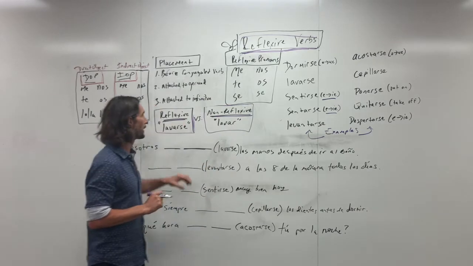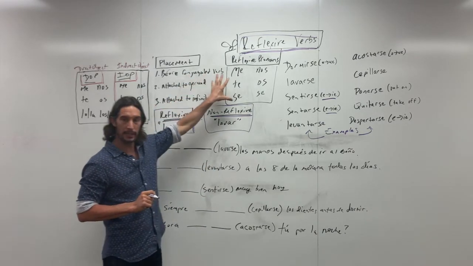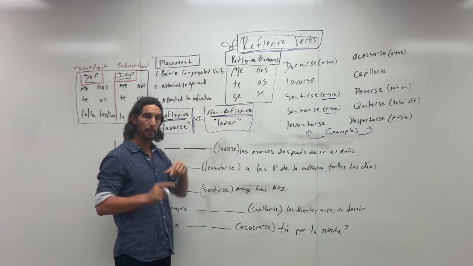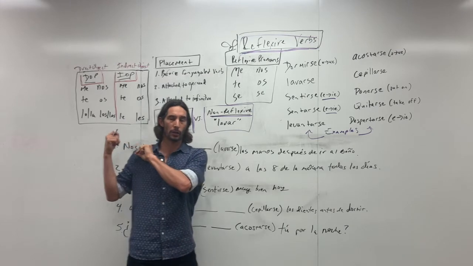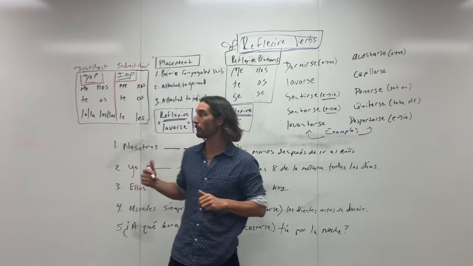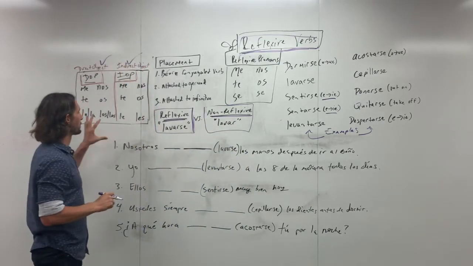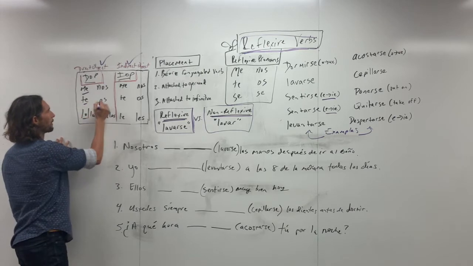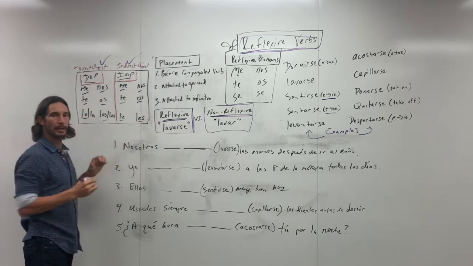Today I want to focus on reflexive verbs, which will come with reflexive pronouns. But before I get into it too deep, I want to show you the other pronouns that we've learned thus far. They're right over here. We have direct object and indirect object pronouns as well. We've gone over these. We've probably exhausted these, so I'm not going to spend any time on it.